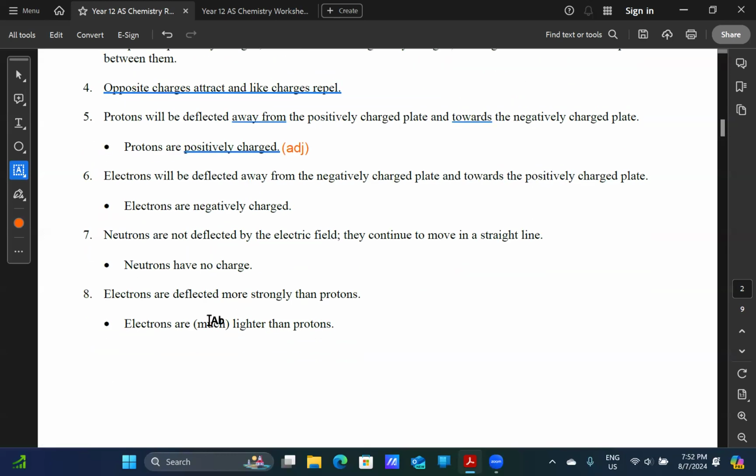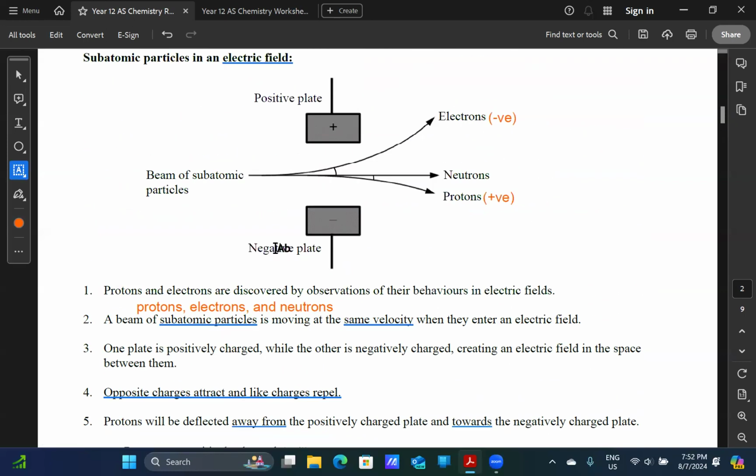Number 8. Now, you will see the angle of deflection between electron and proton. It's very obvious that the angle of deflection of proton is smaller compared to the angle of deflection of electron.